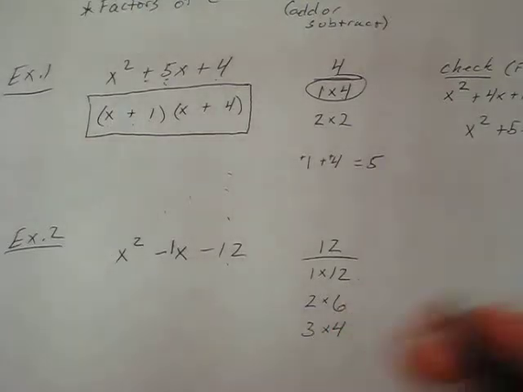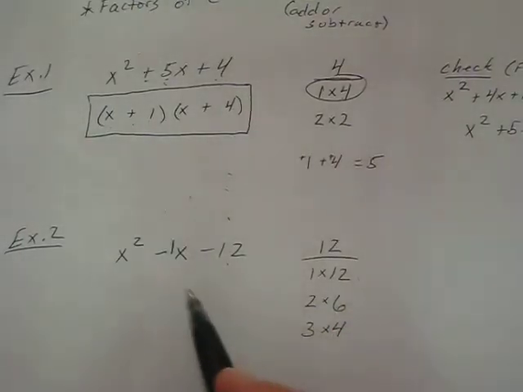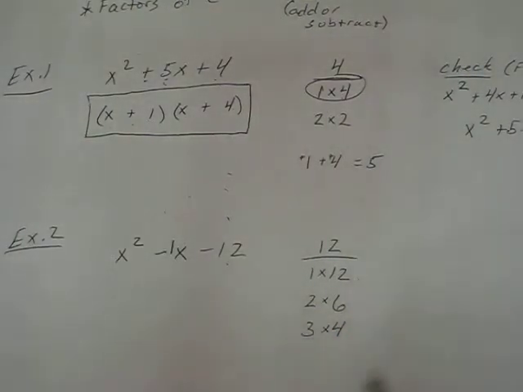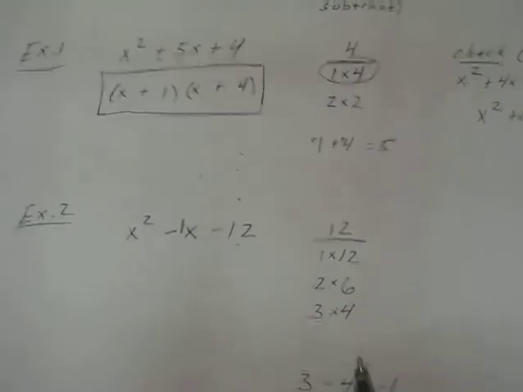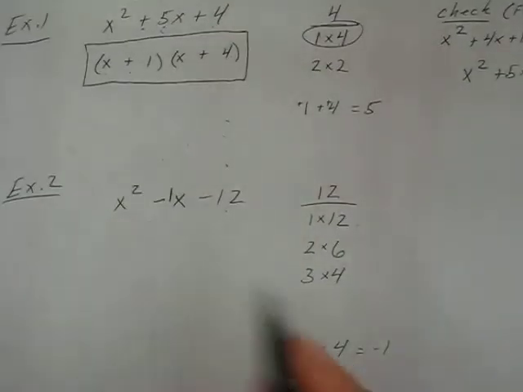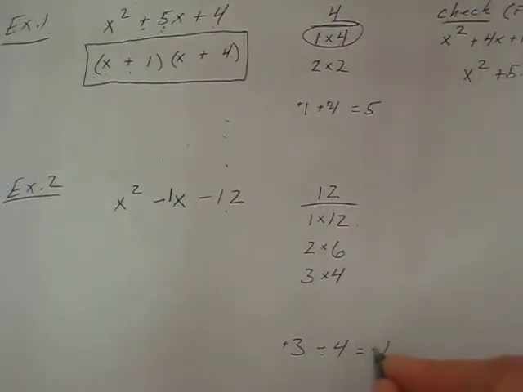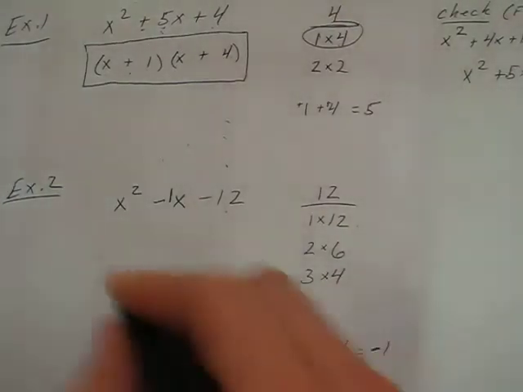You can get 4, you can get 8, you can get negative 4, but you will never get negative 1. But with 3 and 4, if I say 3 minus 4, that equals negative 1, which is exactly what I wanted. So the 3 needs to be positive 3, and the 4 needs to be negative 4, and that's how you get your negative 1x.